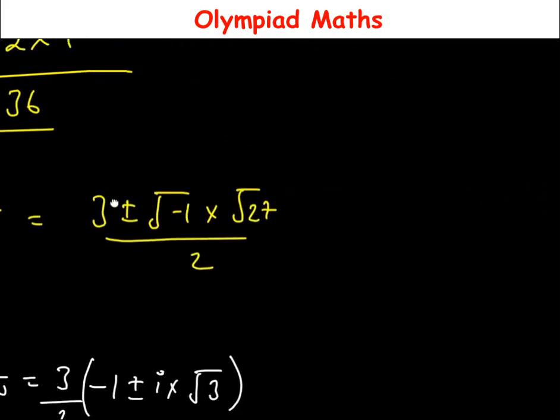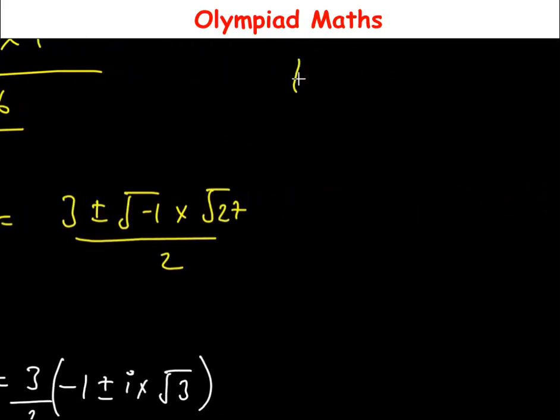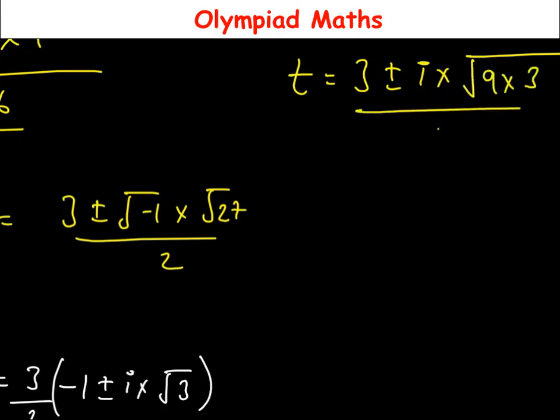So from here, the value of t is equal to 3 plus or minus root minus 1, which is i, then times, we can write root 27 as root 9 times 3, then all over 2.